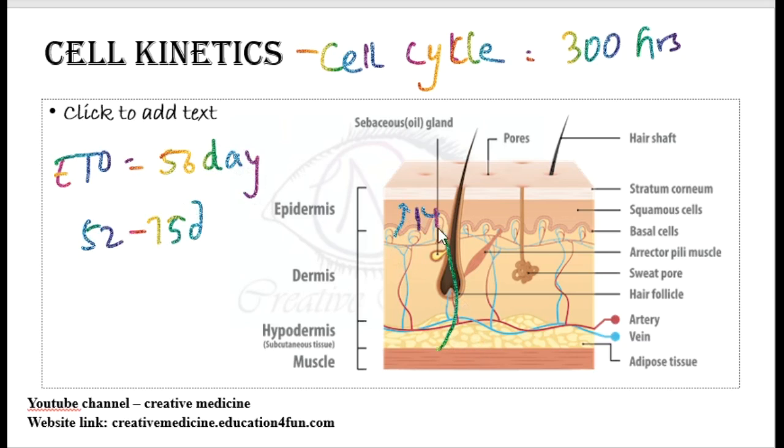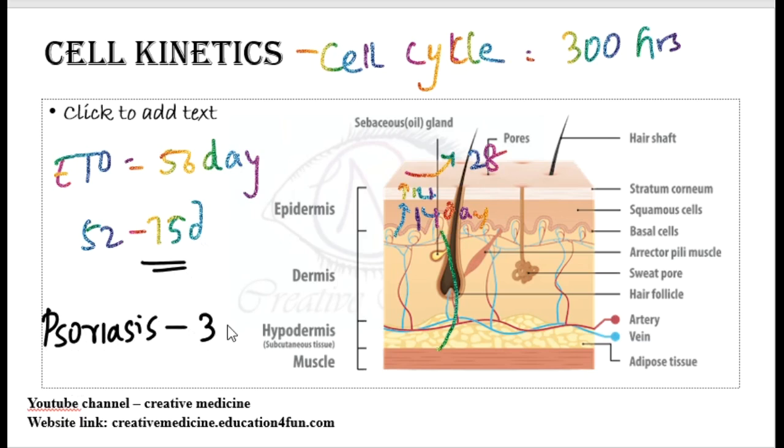In order to cross the stratum corneum, the cells take 14 more days. In order to shed off the cells, it takes 28 days. So total epidermal turnover time is around 56 days. In psoriasis, cell cycle is around 36 hours and epidermal turnover time is around 4 days.